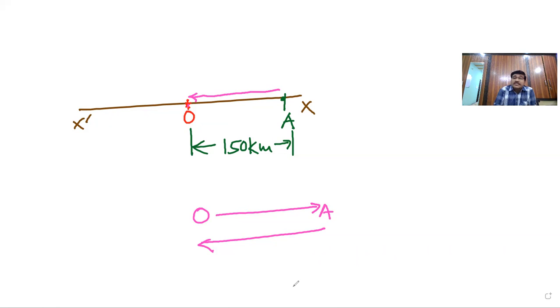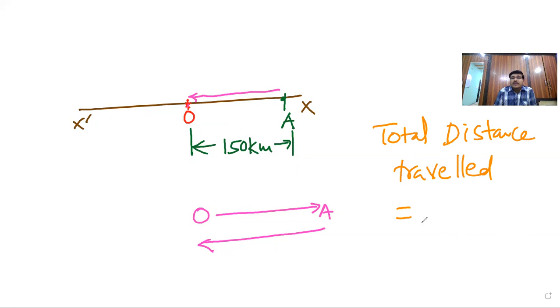So what is the total distance traveled? Total distance traveled is equal to OA, first case O to A, 150, and again coming back A to O. That means OA plus AO.